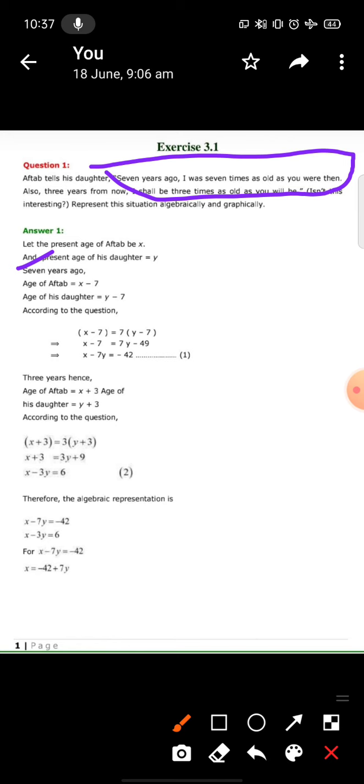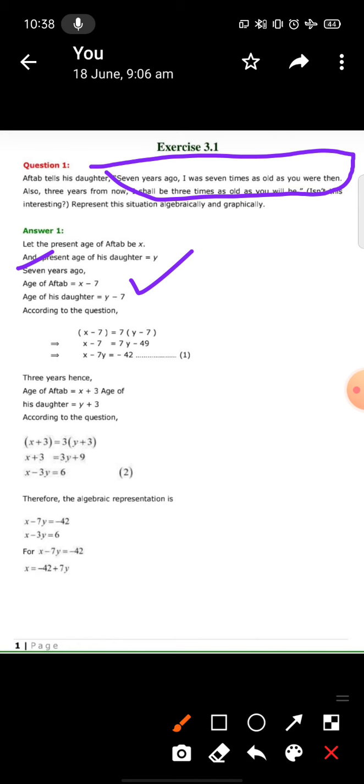So 7 years ago means 7 साल पहले. If I ask what your age was 7 years ago, you have to subtract 7 from your present age.